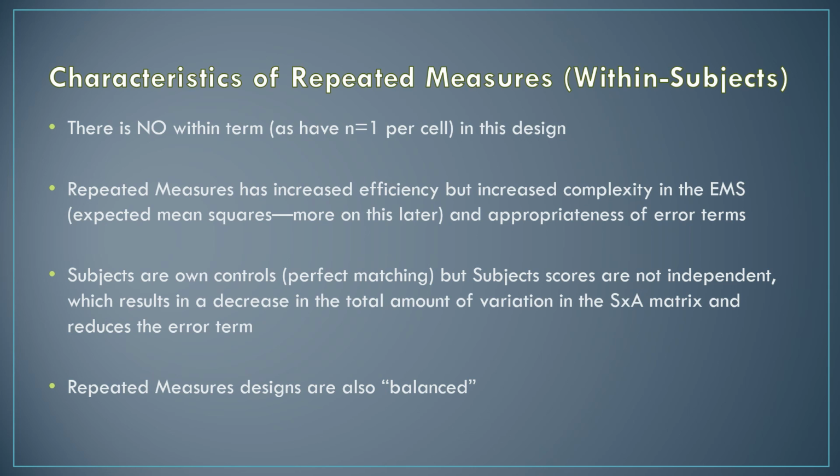And so other characteristics and other demographics could impact your overall results for your ANOVA, but within subjects models are comparing each subject or participant to themselves at each level of the independent variable. And so this makes all of those groups very balanced. And so repeated measures designs are considered to be balanced.